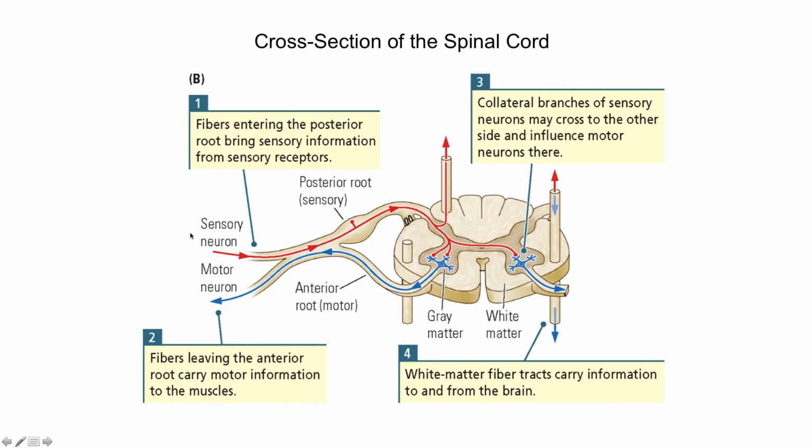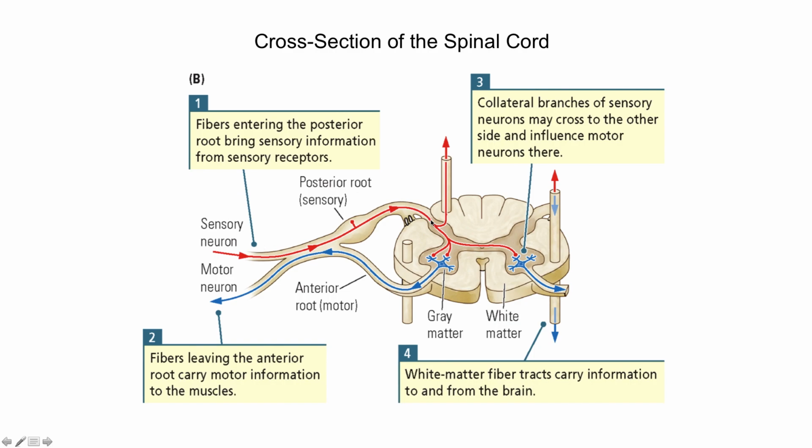So first, sensory information can come in right here. And then here you see the posterior root. So fibers entering into the posterior root bring sensory information from sensory receptors, for example, from your skin or from your hands.